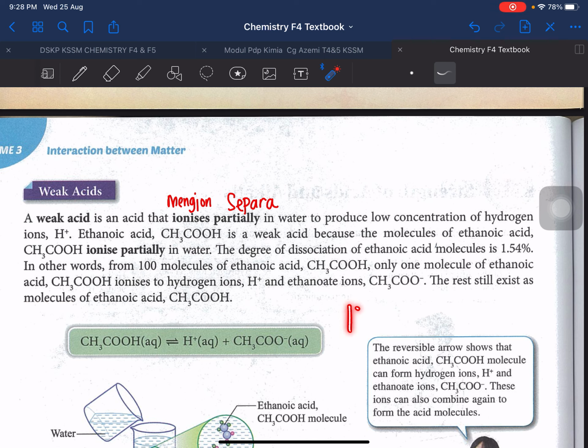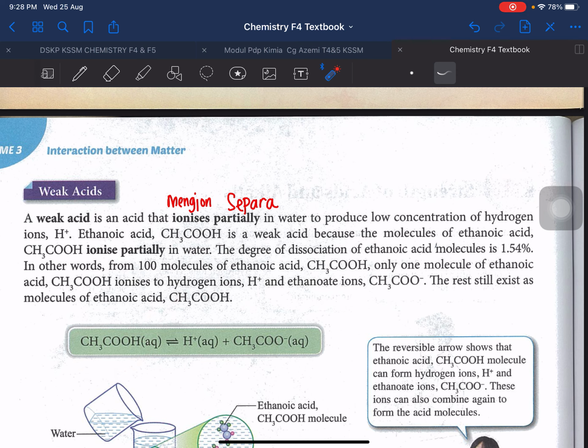Kalau kita ada 100 molekul masuk di dalam air, satu saja yang akan mengion begini. The rest of it is going to maintain as molecule of ethanoic acid. Jadi kita boleh nampak di sana hydrogen ion dia rendah. Low concentration of hydrogen ion. Satu-satu asid itu dia adalah kuat ataupun lemah bergantung kepada kepekatan hydrogen ion.